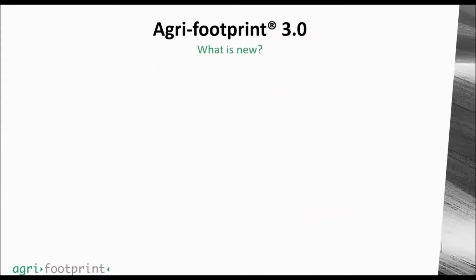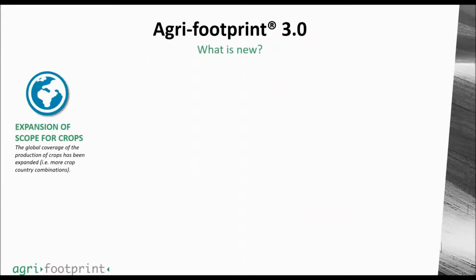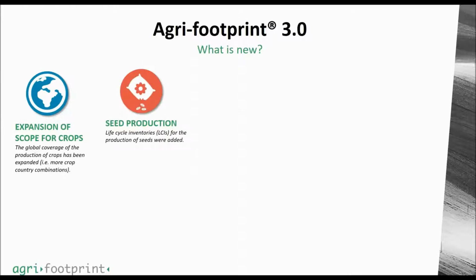So what's new in Agri-footprint version 3? To begin with, the geographical scope has been expanded, which I will also illustrate later. We have also expanded the cultivation inventory, so the production of seeds at the pre-cultivation stage has been included.